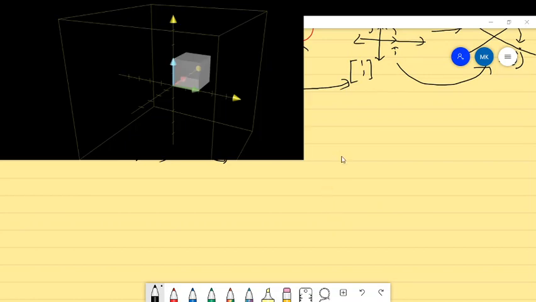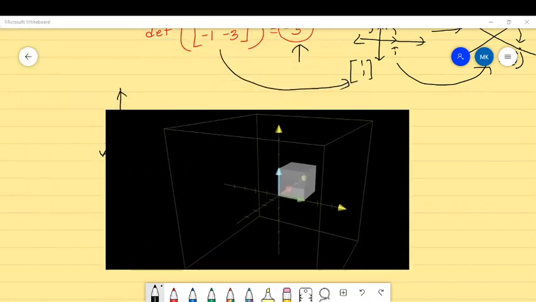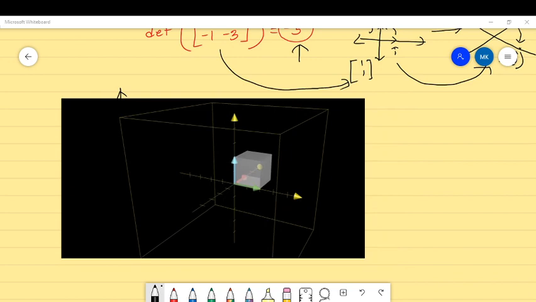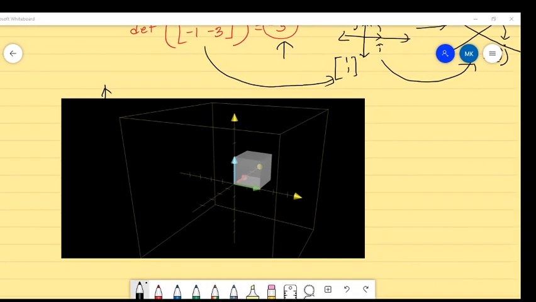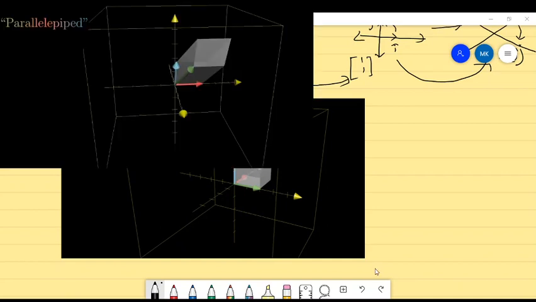So this is your normal 3D space. This is your i cap, j cap, k cap in the normal position, and after the linear transformation you have a transformation like, let's say, this one.